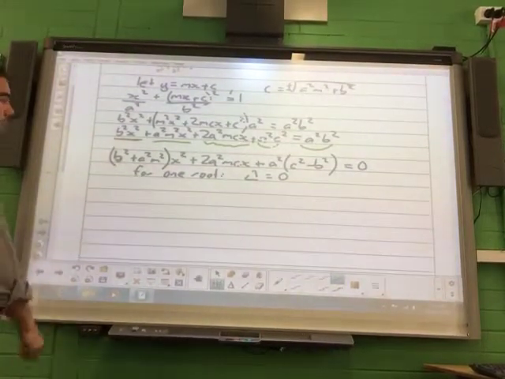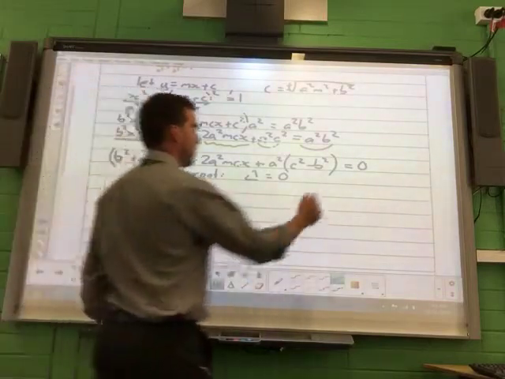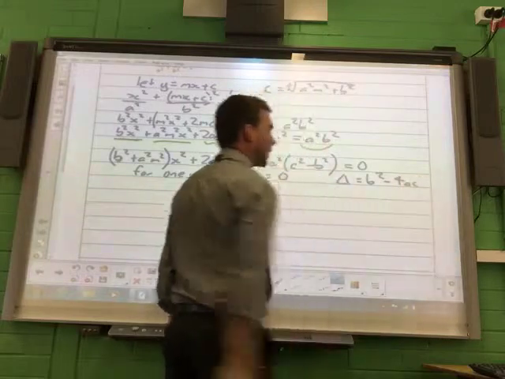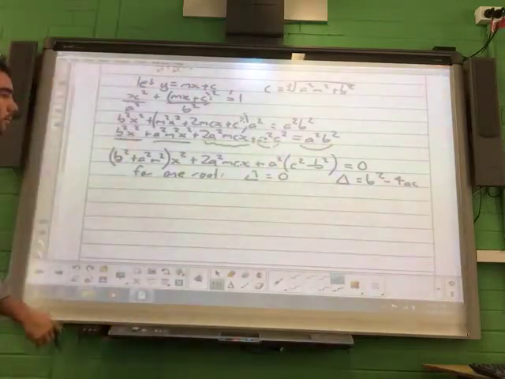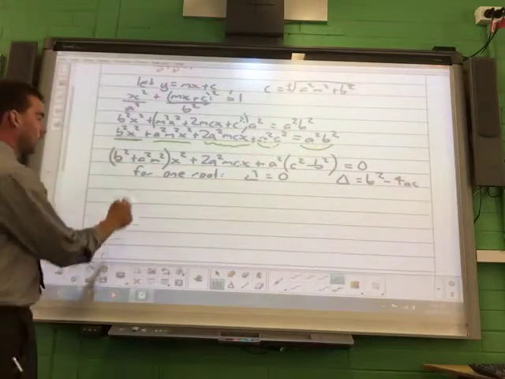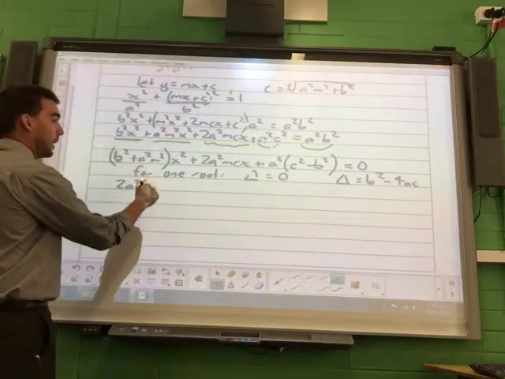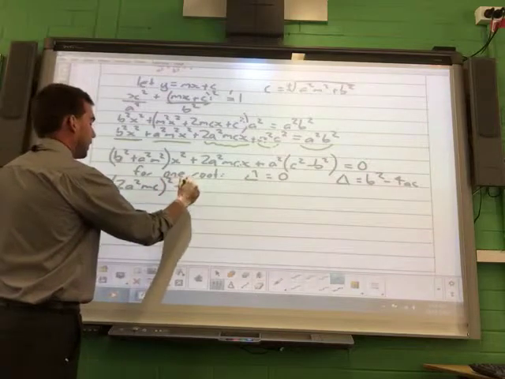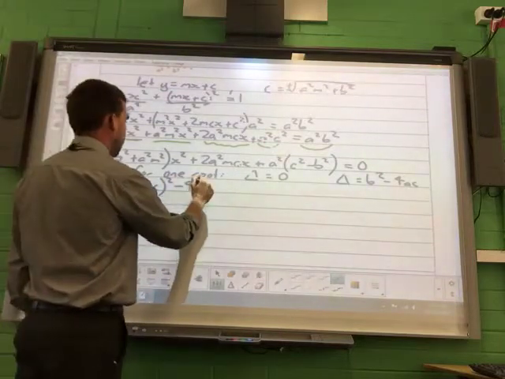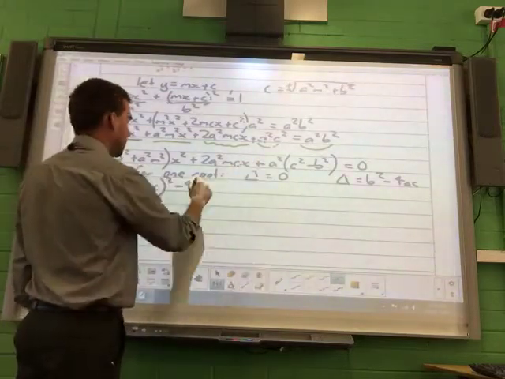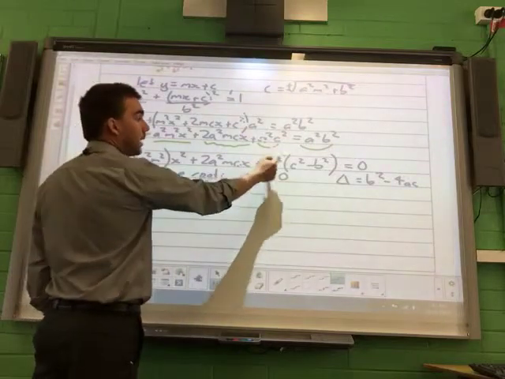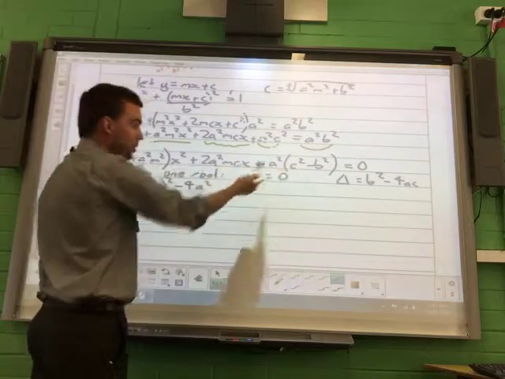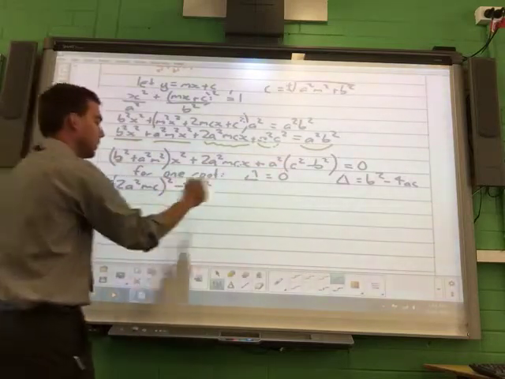Alright, so solve for the discriminant. So b squared take away 4ac. Right, so we've got 2a squared mc all squared, take away 4, lots of a, lots of c. So I'm just going to write a squared because it's already factored out. So I've got 4 times that times all that. So I'm just putting the a squared with the 4.